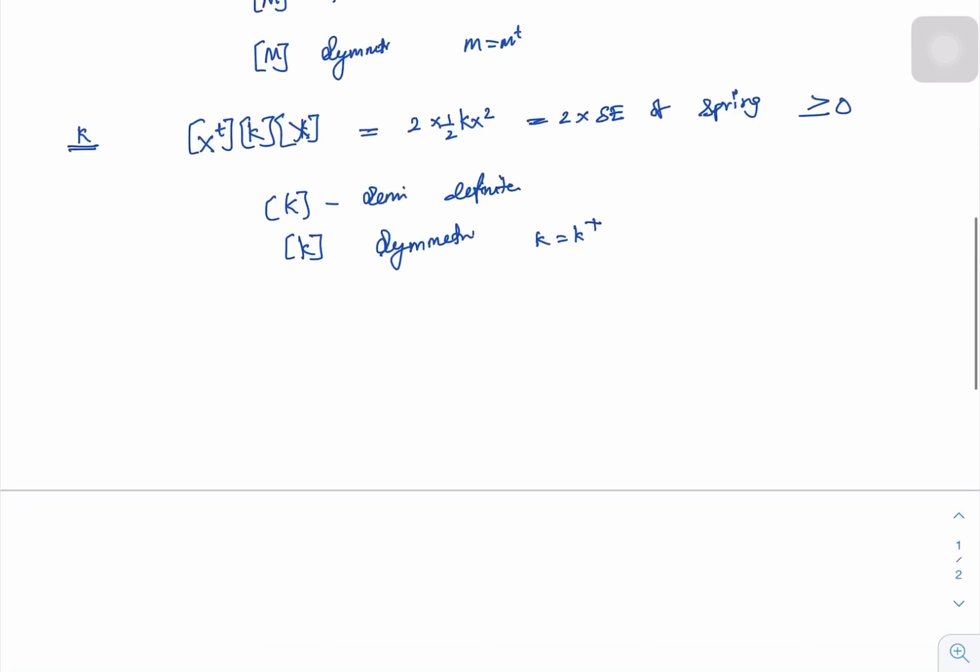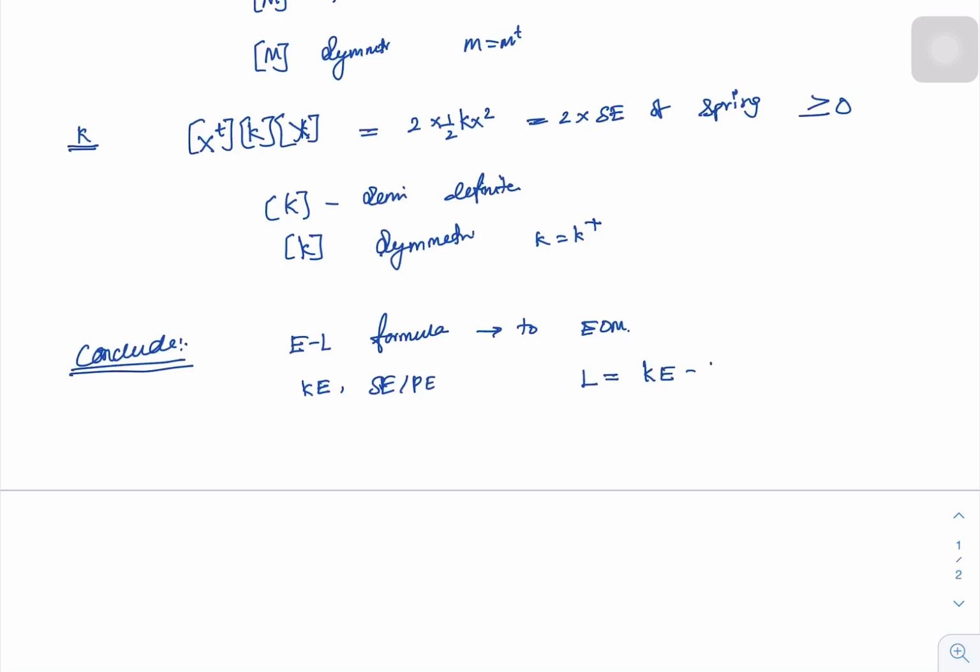Therefore we can conclude that if we use the Euler-Lagrange formula to write equations of motion, we construct the kinetic energy and the strain or potential energy, then write the Lagrangian, which is kinetic energy minus potential energy.